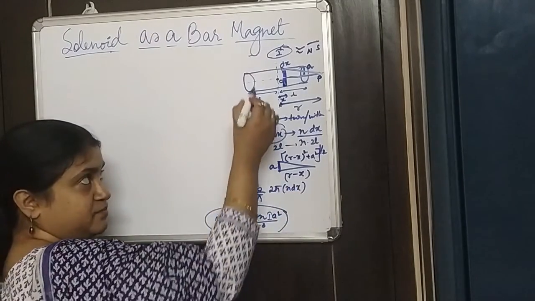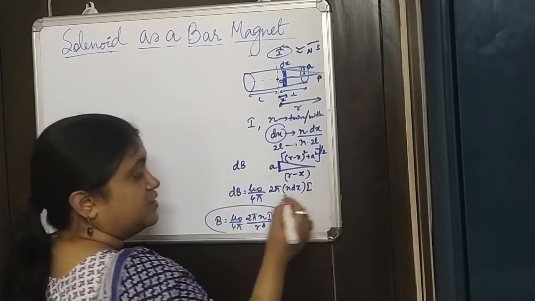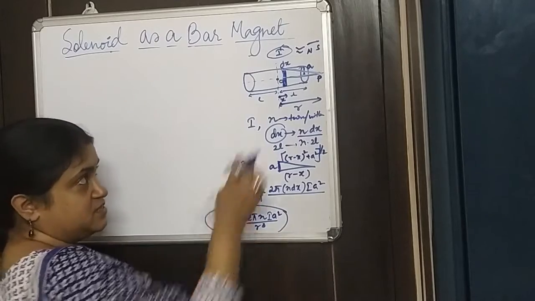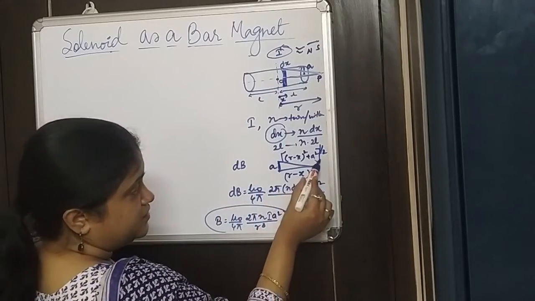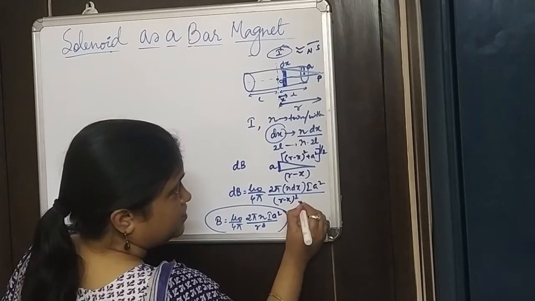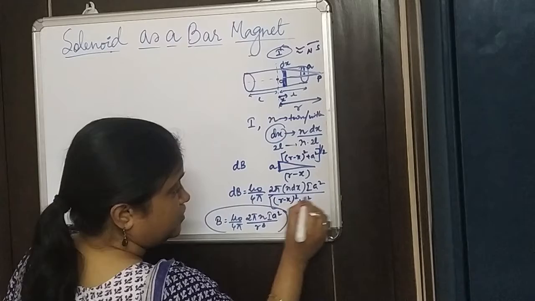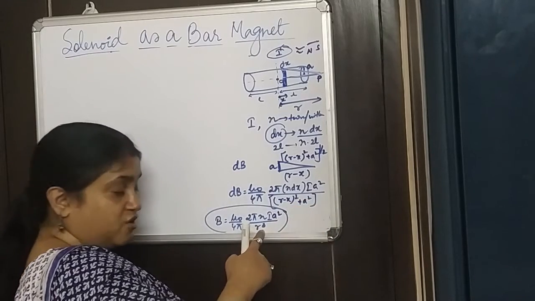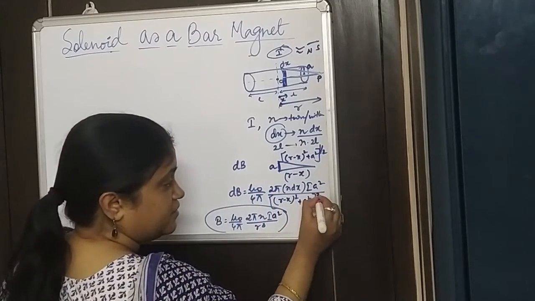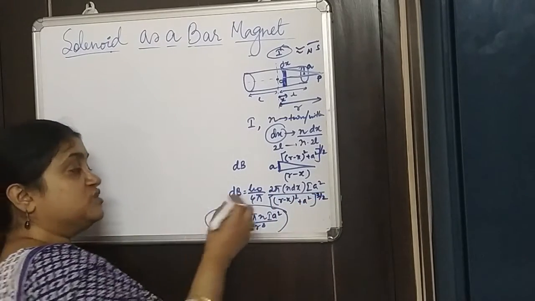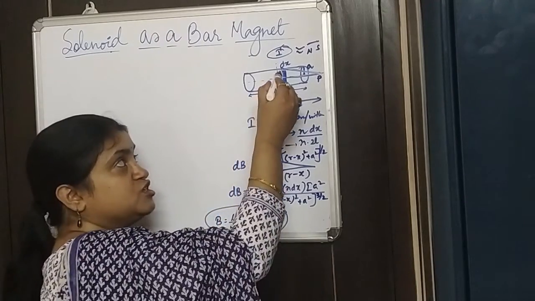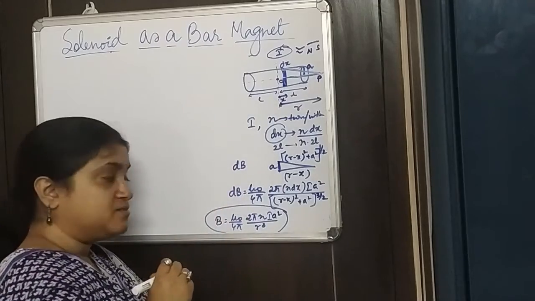The current I is the same, the radius is a square, and this r cube is the distance from the point, which is (r minus x) whole square plus a square, to the power half, cubed, so it becomes 3 by 2. So this is the magnetic field dB due to this small section dx.